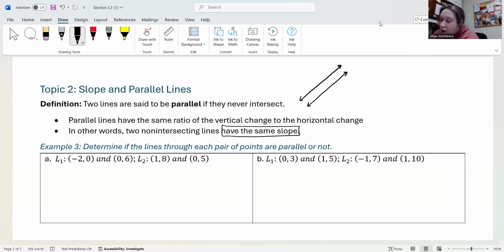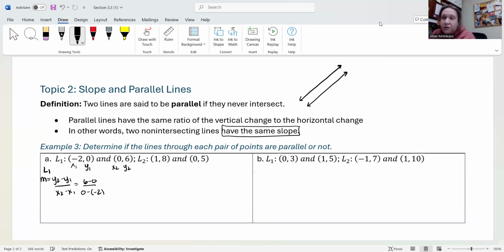So for line 1, we're going to do the slope, which we know is m equals y2 minus y1 over x2 minus x1. If we label -2 as x1 and 0 as y1, and then 0 on the second point as x2 and 6 as y2, I get 6 minus 0 over 0 minus -2.